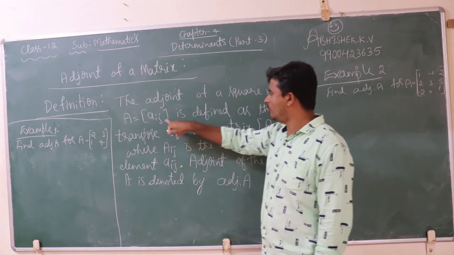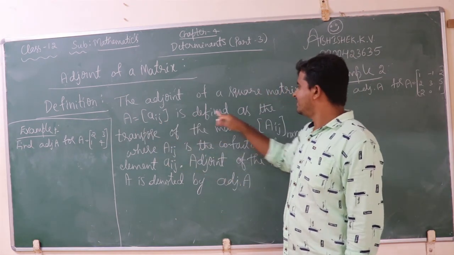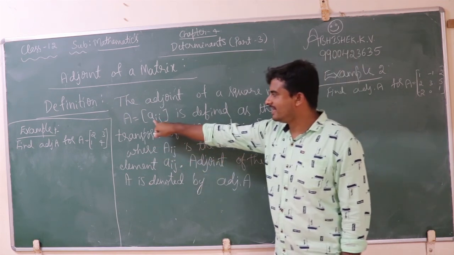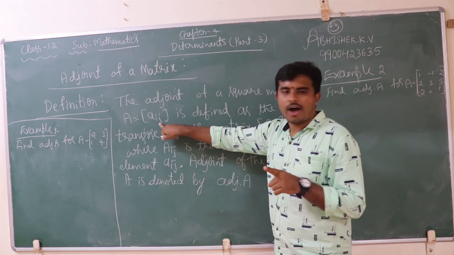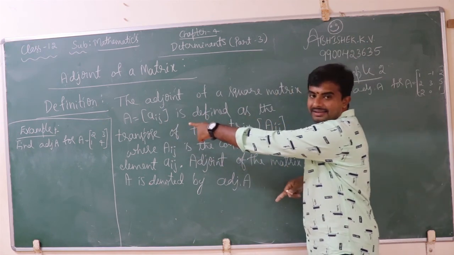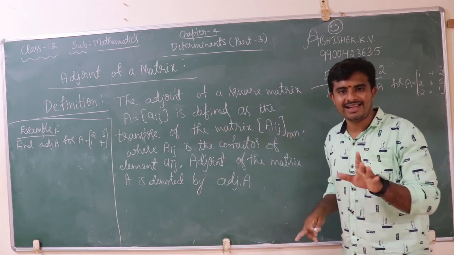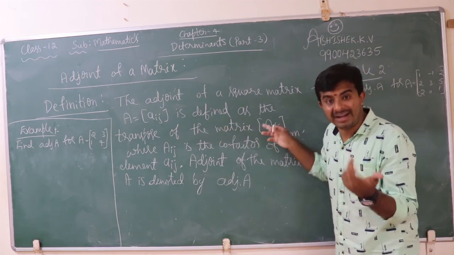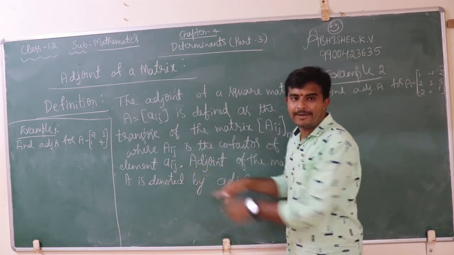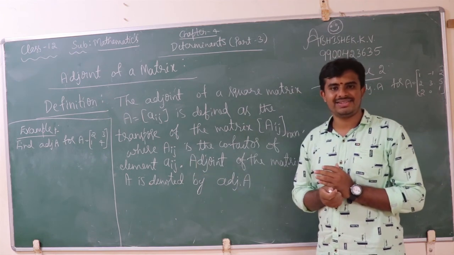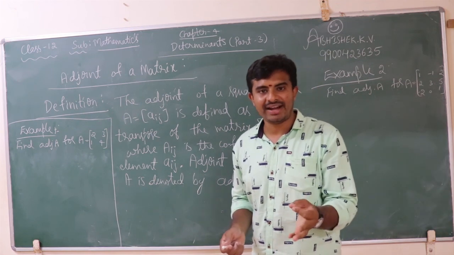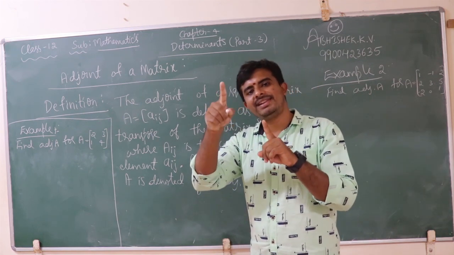Say A equals [aij]. The adjoint is defined as the transpose of the matrix of capital Aij, where small aij changes to capital Aij, and Aij is the cofactor of the element small aij. We all know what a cofactor is: minus 1 to the power of i plus j into Mij.